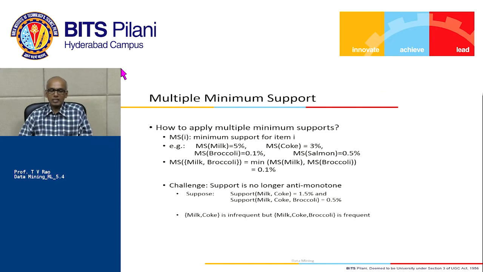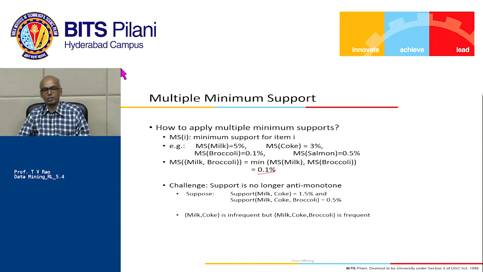Now once they set differential support patterns, let's say the minimum support for milk is at 5%, for Coke is at 3%, and broccoli is at just 0.1%. Then when you have created the larger item sets which combine milk and broccoli, you need to look at a minimum support which is the lower of the two. So that means it becomes 0.1%.